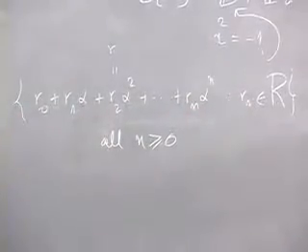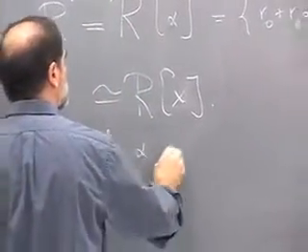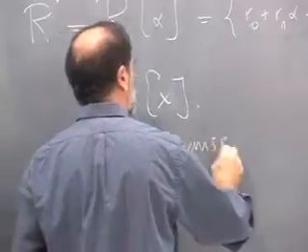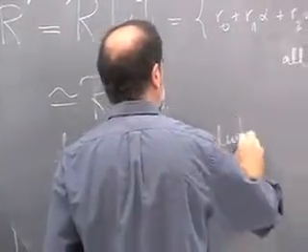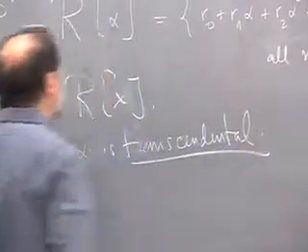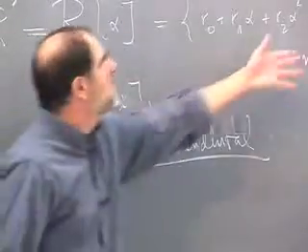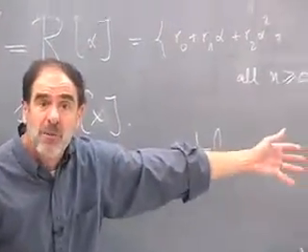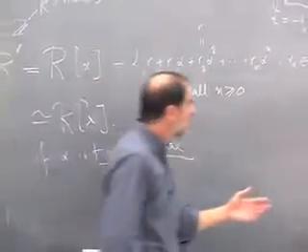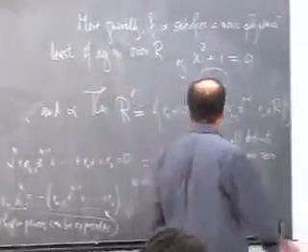isomorphic to the ring of polynomials in X over R. There are no relations among the polynomials. So in particular, it's got an infinite number of copies of R, the coefficients of an arbitrary degree polynomial. Whereas here, we had only a finite number of copies of R because we got this thing here.